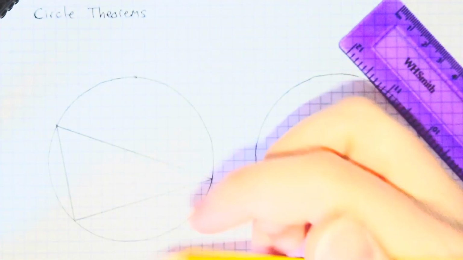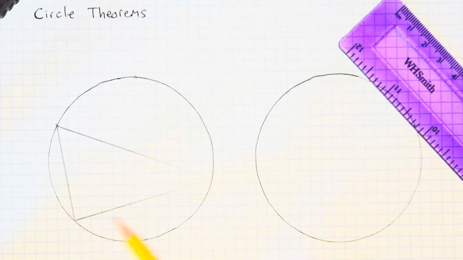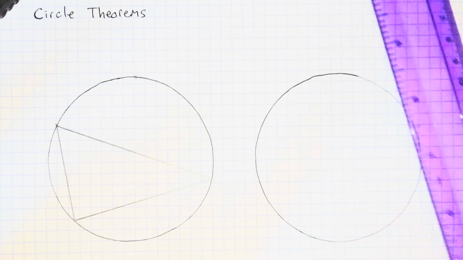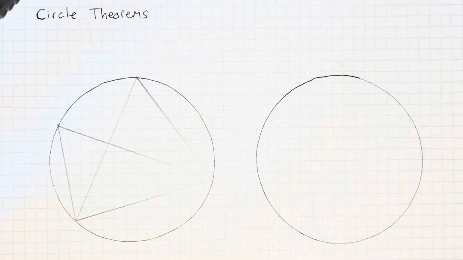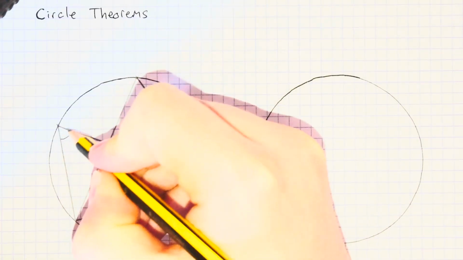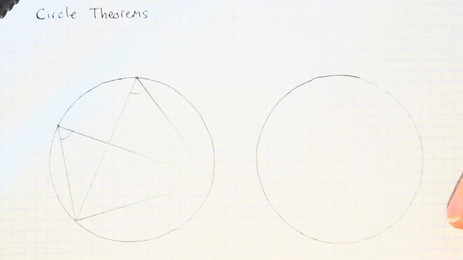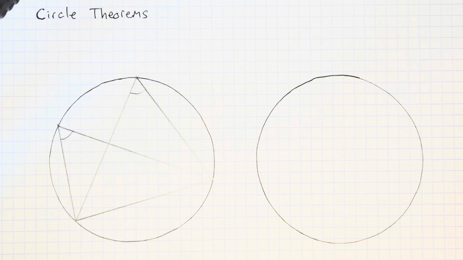Okay, so you've got a triangle where the point you chose on the circumference was an apex, and this is the base. Do the same with the other one, like so, and you can probably guess what happens here, is that these angles at the apex are the same size. I don't know what they are, but they are both the same size, whatever they may be.